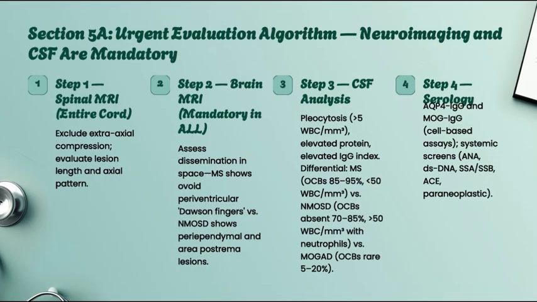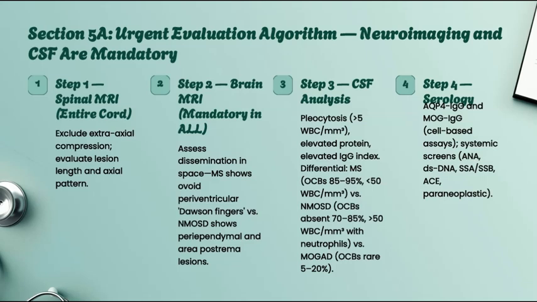Acute inflammatory myelopathy is a neurological urgency, and the diagnostic approach should be structured and efficient. The first priority is urgent spinal MRI, ideally imaging the entire cord. This serves 2 critical purposes. First, excluding extra-axial compression such as epidural abscess, tumor, or hematoma.